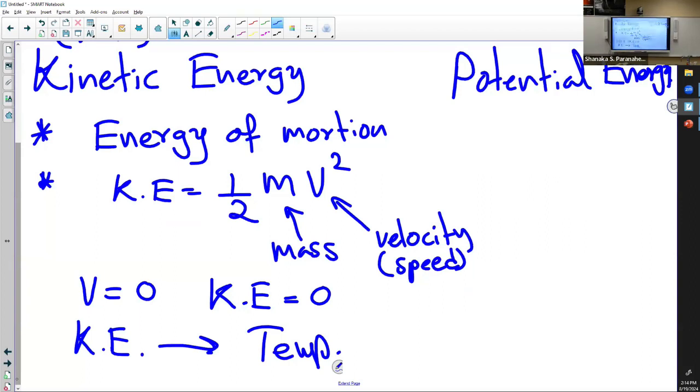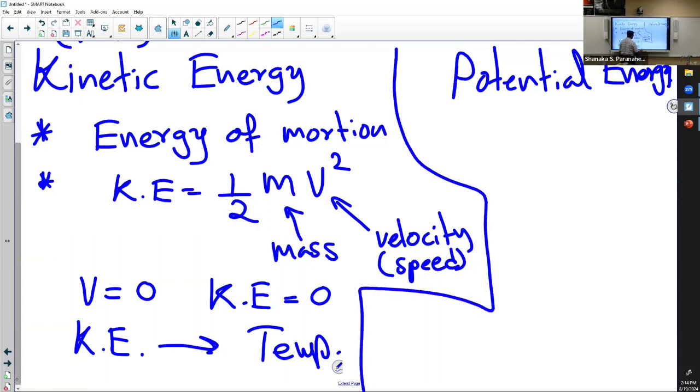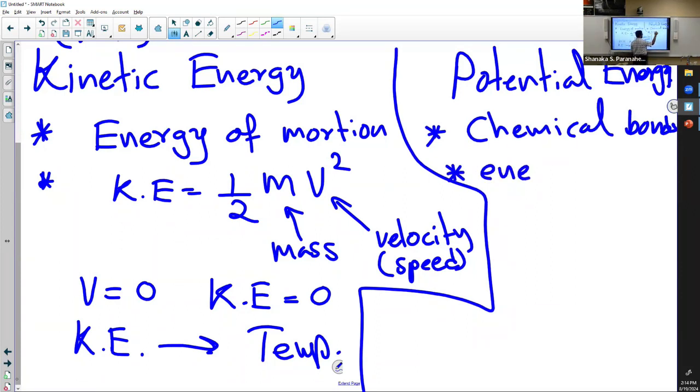So the next form of energy is the potential energy. Potential energy has different forms. The chemical bonds is a form of potential energy. Energy due to position.